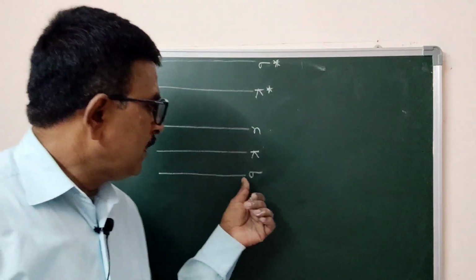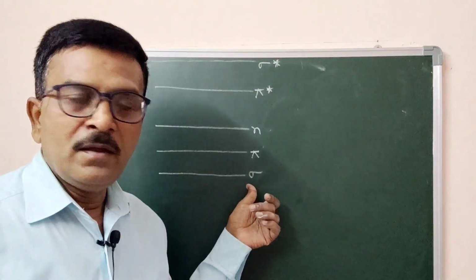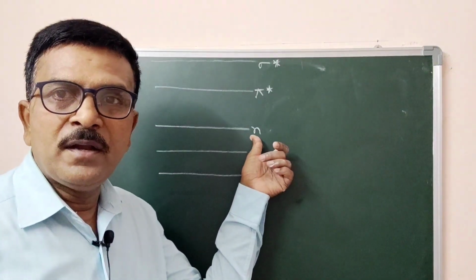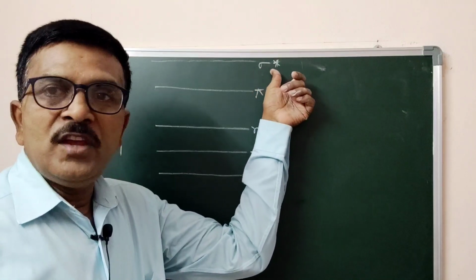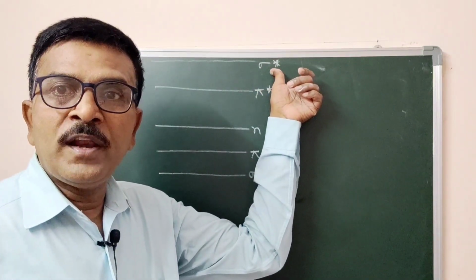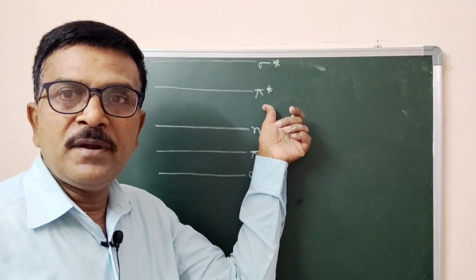Now we know the sigma orbital is more stable, meaning least energetic, when compared with the pi orbital and the non-bonding orbital, whereas the sigma star orbital is least stabilized, meaning it has more energy when compared with the pi anti-bonding molecular orbital.